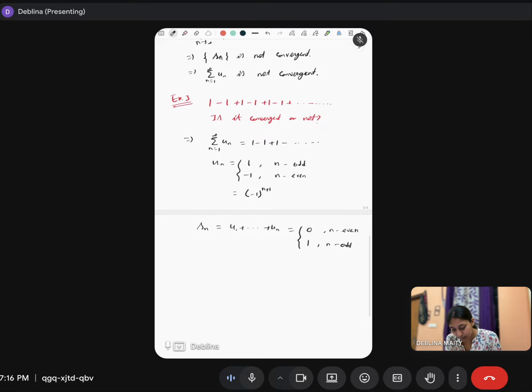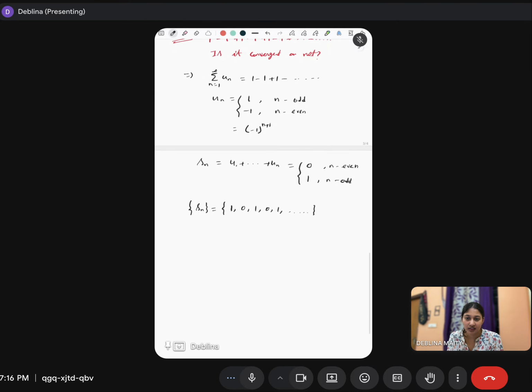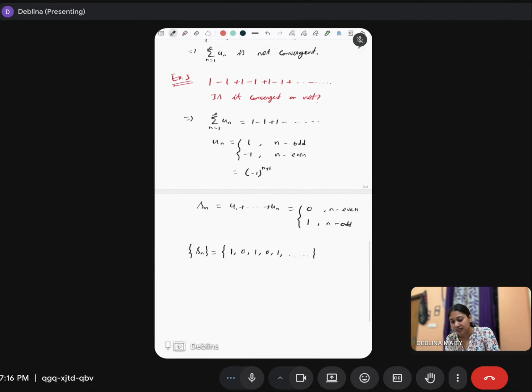So what is this sequence Sn? So S1 will be 1, S2 will be, n is even, so it is 0. So it is oscillating between 1 and 0. So this sequence Sn is not convergent. So that means the series, the sum of un, is also divergent, right?